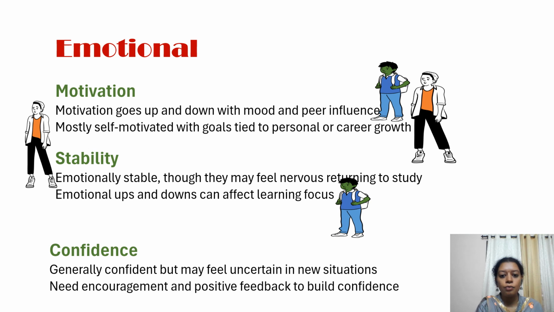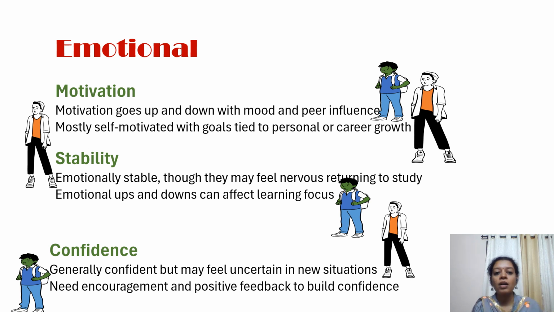The next one is confidence. So generally confident but may feel uncertain in new situations. And one is need encouragement and positive feedback to build confidence. So the first point is about adult, and the second one is about adolescent.